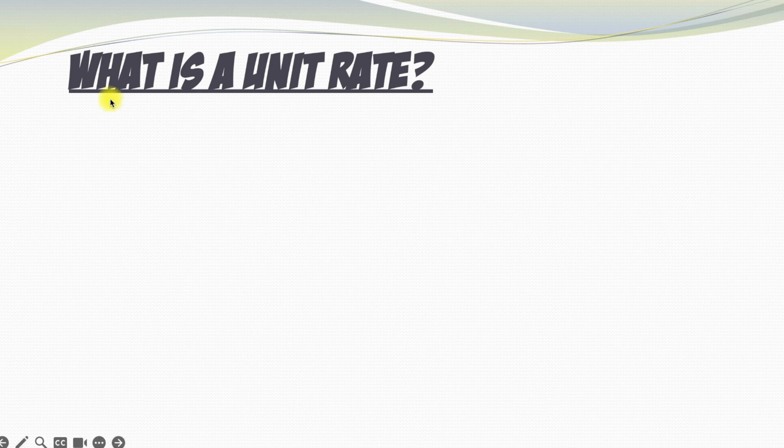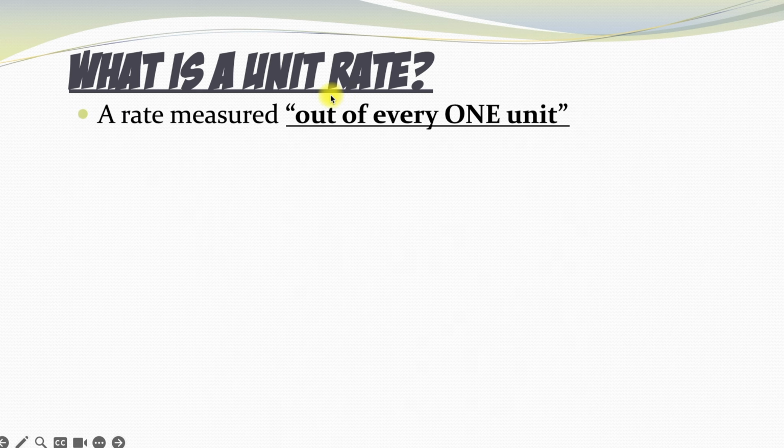Now that we've gone over what rates are, let's go over what a unit rate is. A unit rate is a special rate measured out of every 1 unit. Like we said before, rates are shown using fraction form. This means that we're going to have to make the bottom of that fraction 1.